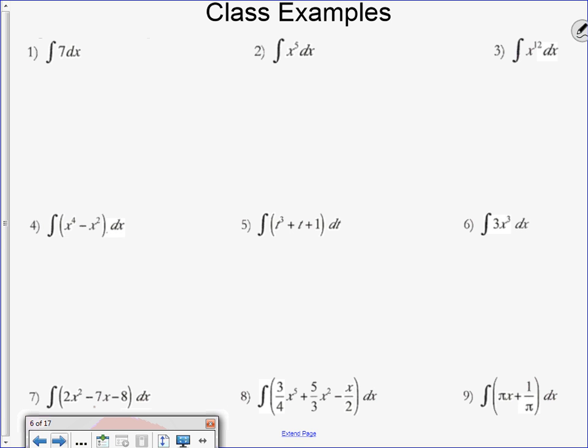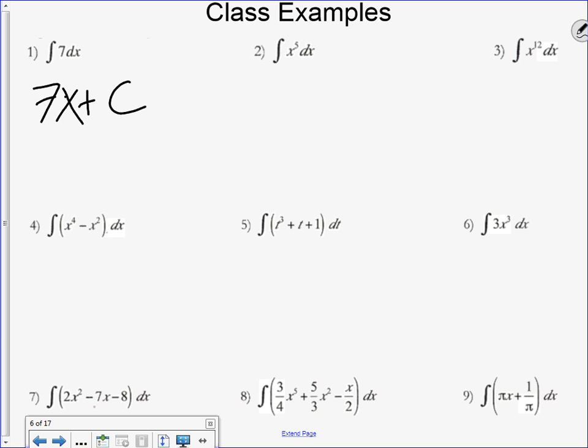We want the antiderivative of 7. So that's the antiderivative of k with respect to x, right? But now our k is a 7. So what do you think 7 is the derivative of? Or what's the antiderivative of 7? That's that k rule. 7x plus c.